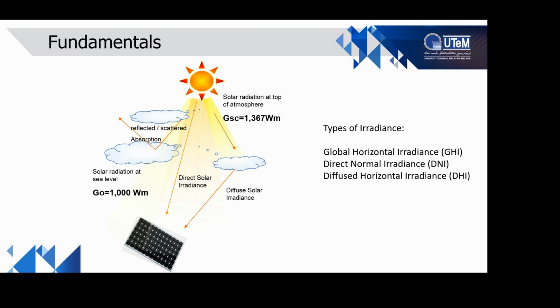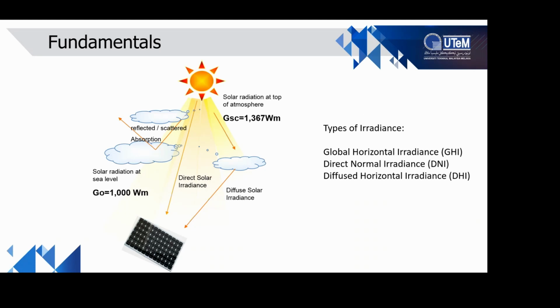Once the sunshine passes through the atmosphere, the most common type of irradiance is direct solar irradiance. That means we have sunshine directly hitting the solar module without any obstruction. We call this direct normal irradiance.